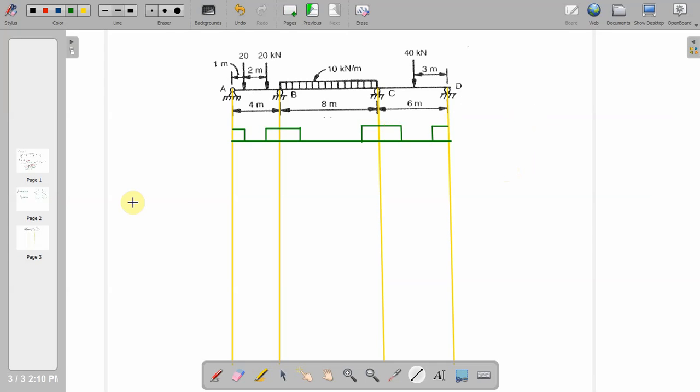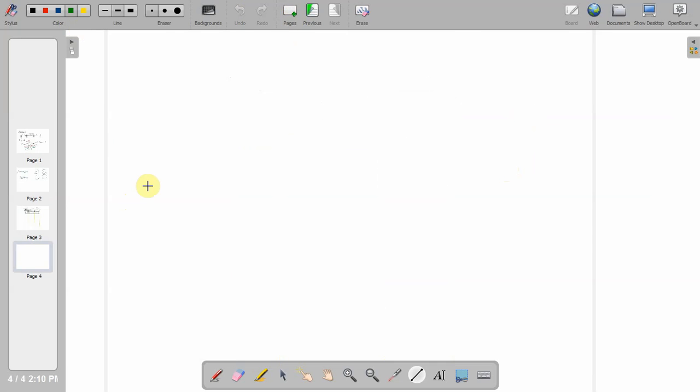Before we go there, just briefly recollect, we discussed this.